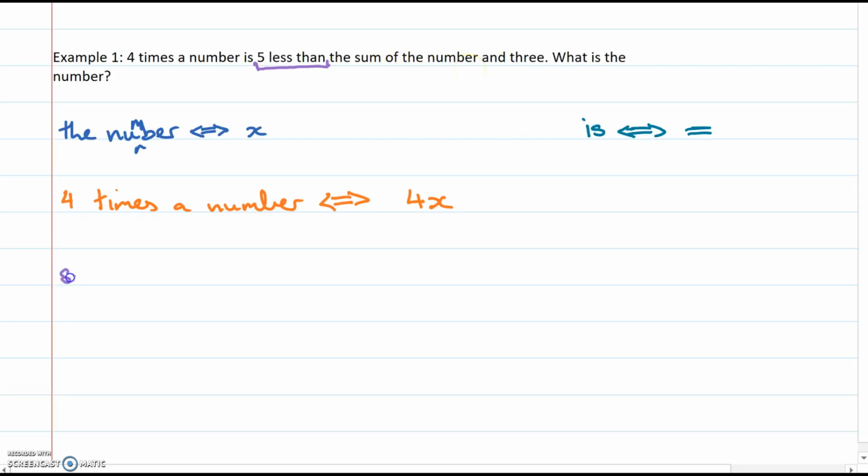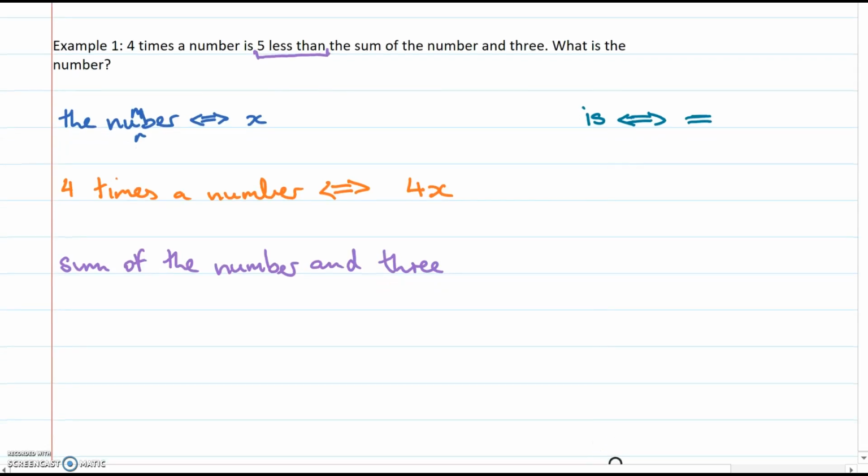Okay, so the sum of the number and 3 is going to be, the number is x, the sum of the number is x plus 3.